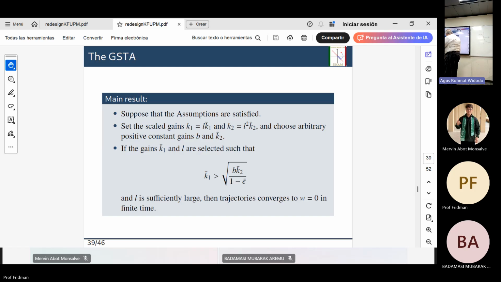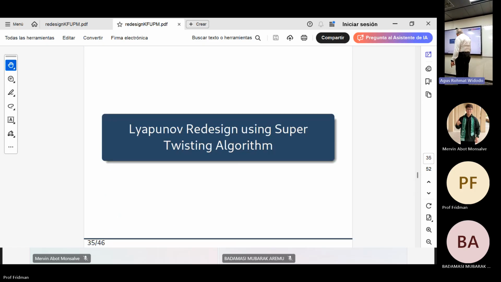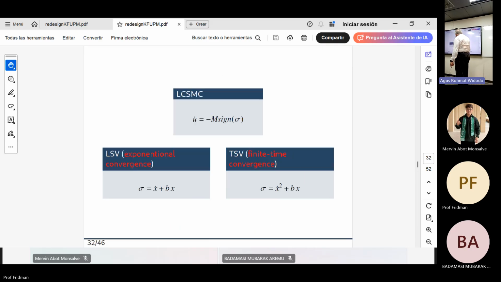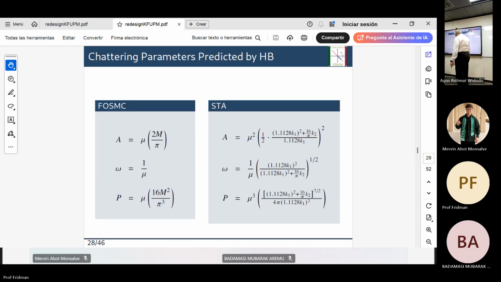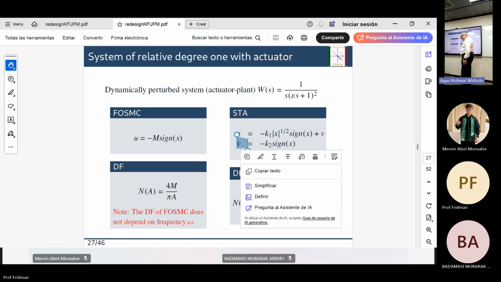We need to adjust even one constant, taking into account that initially you have two. So why? Because constant K2 is a what? Is the constant of the integrator. You see? Why? Because we need to integrate. So that is why what you are asking for this K2.